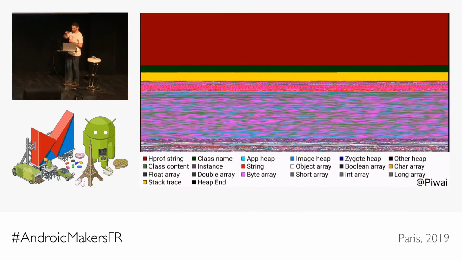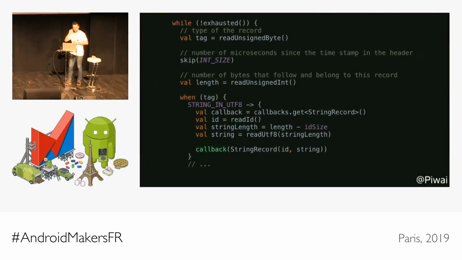The first thing is what's called hprof strings. Class names and field names are not normal string objects, actually. They're stored at the beginning of the heap dump, and they're stored essentially in this way. This is how we read a heap dump. We just keep reading forever. You get a tag, and you ask, what is this? Oh, this is a string, so we go into the when on the tag.